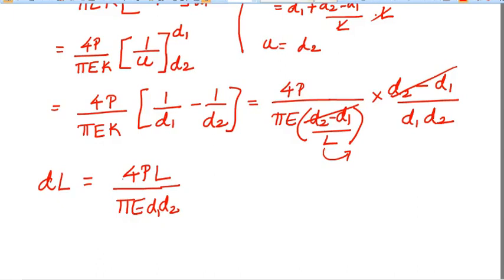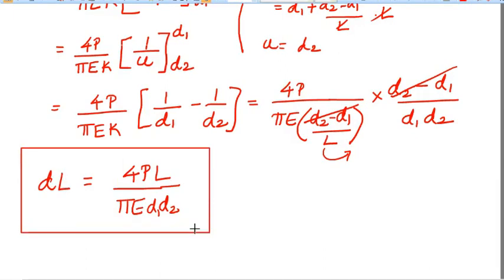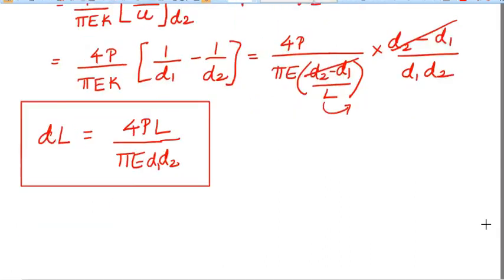So the total change in length is given by 4PL divided by pi D1 D2 into E. This is the formula to calculate the total change in length for a bar of varying cross section, provided the cross section is of circular area.